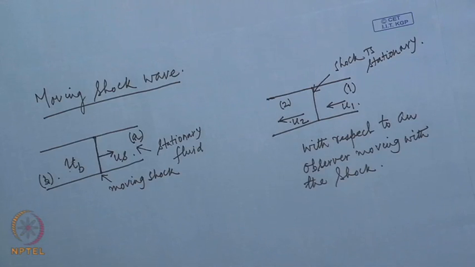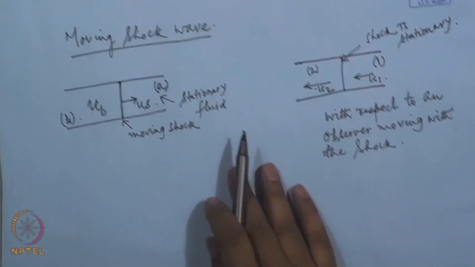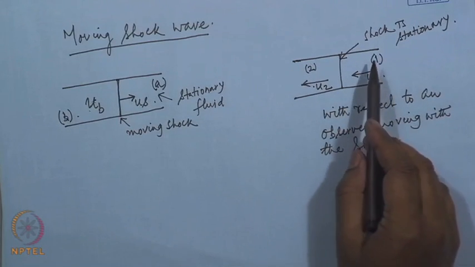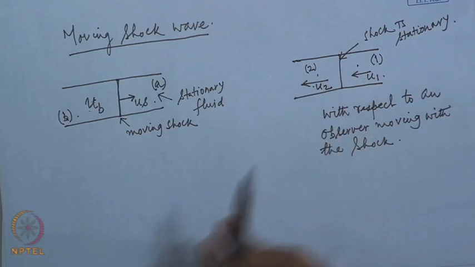And of course, we can satisfy the conservation laws between a station in region 1 and in region 2, because now the fluid in region 1 and region 2 are part of the same flow.